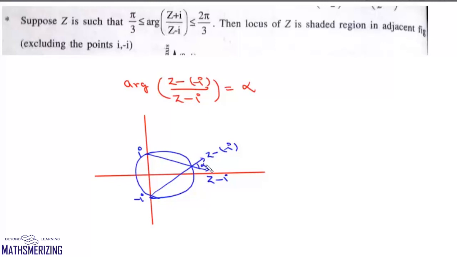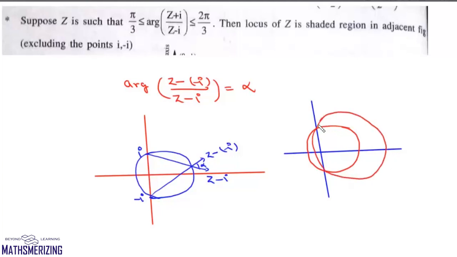Now it says this angle, it must lie between pi by 3 and 2 pi by 3. So we have to draw this region. Then we have to draw two circles. First circle in which it makes an angle pi by 3, and then this second circle at which it makes an angle 2 pi by 3.